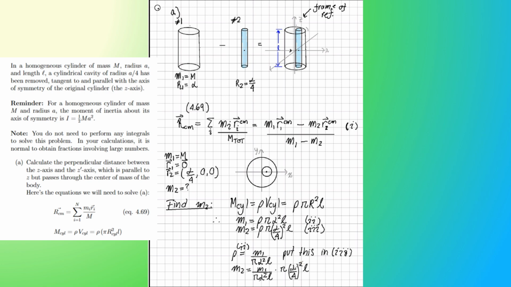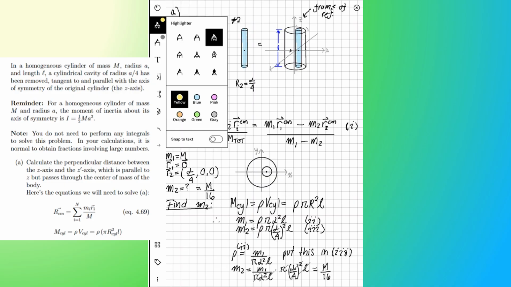This goes away, this goes away. So this is going to be equal to M1, which is M, divided by 4 square, which is 16. So M2 is equal to M divided by 16.